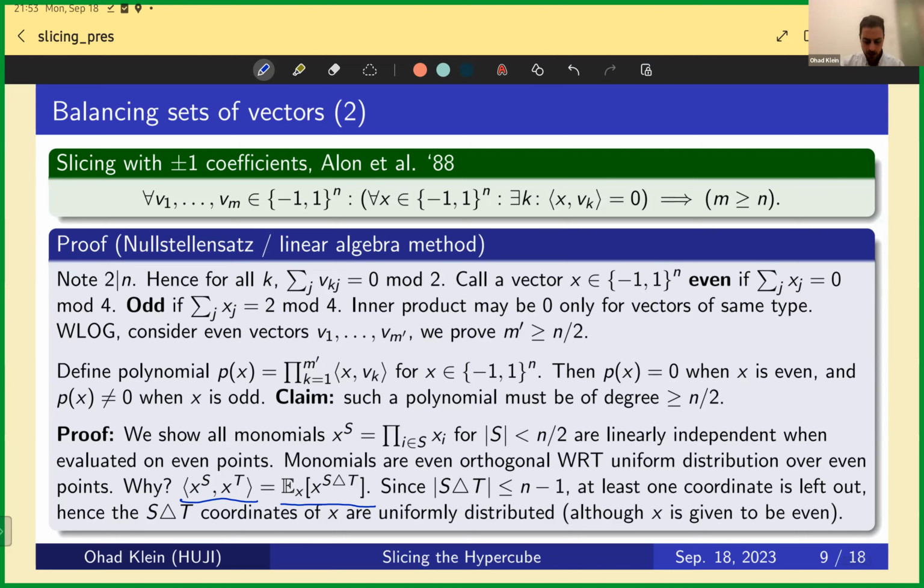And now because s and t are of degree strictly less than n over 2, we have that the symmetric difference of these monomials is less than n minus 1.